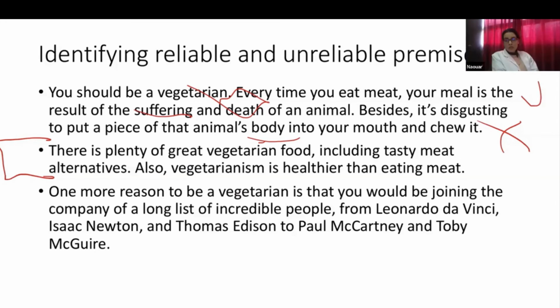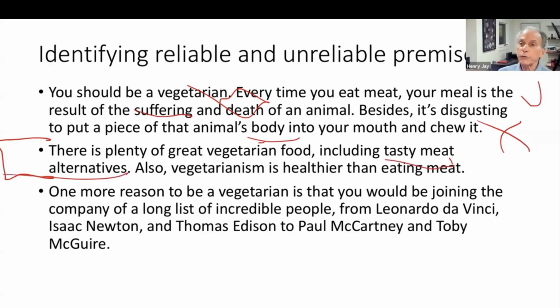It's a personal opinion. Okay, but are there a lot of good vegetarian foods? Whether you eat meat or not, there are a lot of alternatives, and they are tasty.